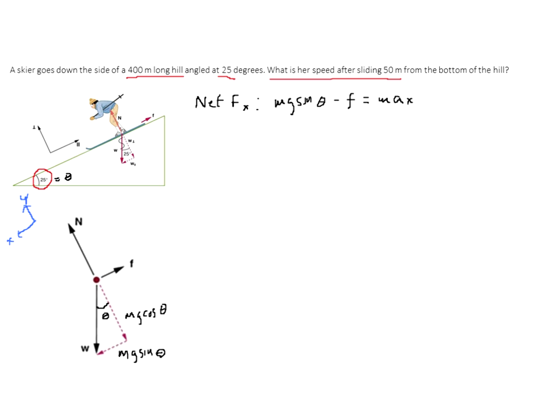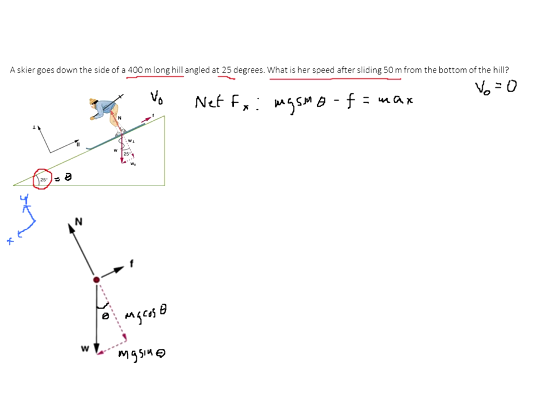So we want her speed after sliding 50 meters from the bottom of the hill. Let me put down here, well, I should have actually started with that. Her speed at the top, I guess we don't know that for sure since she goes down the side of a 400-meter long hill.